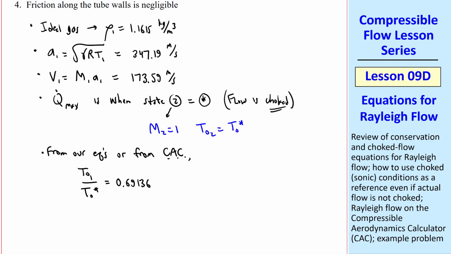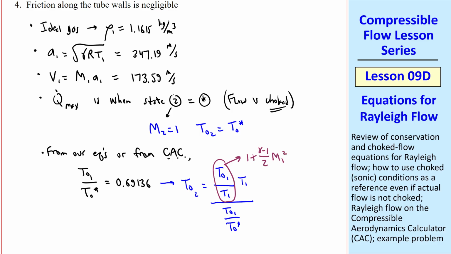But I used software to calculate all these values. From this, T02 is T01 over T1 times T1 over T01 divided by T0 star. And this comes from our isentropic equation for this state. T1 is given, and we just calculated this as this value.